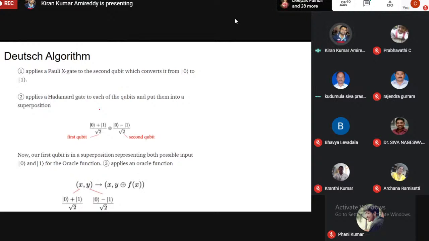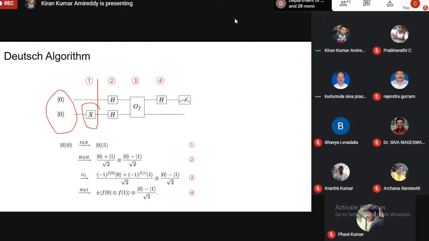If we are operating on the first qubit, it is as it is. It is not taking any operation. It is directly going to the second operation. So I just mark here second. Since it is as it is, it keeps this 0 as 0.